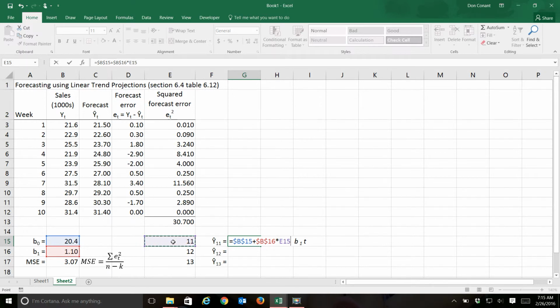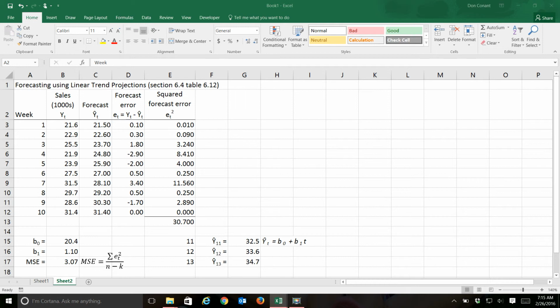And we've got them set up so we can leave those relative and just copy those down and answer the question. What are the forecasts for period 11, 12, and 13? It will be 32.5, 33.6, and 34.7 respectively. And that's how you calculate forecasts using the exponential smoothing method presented in section 6.3 and using the linear trend projections presented in section 6.4.